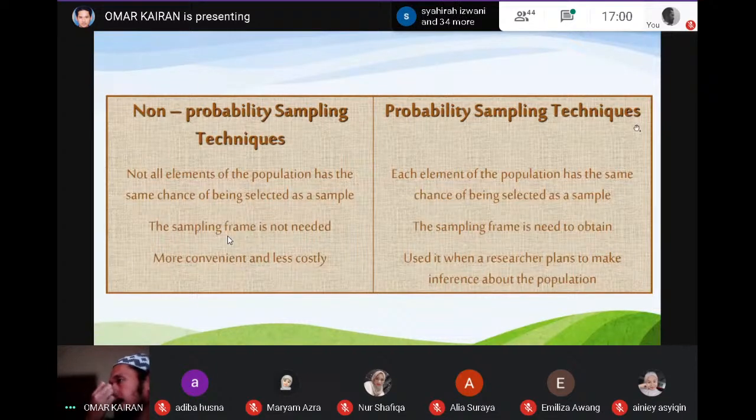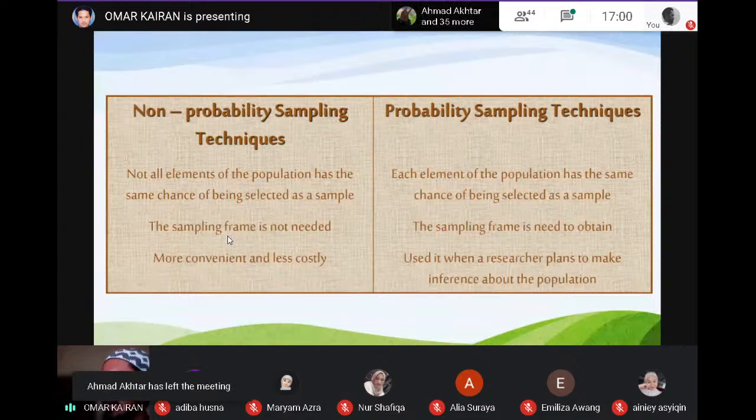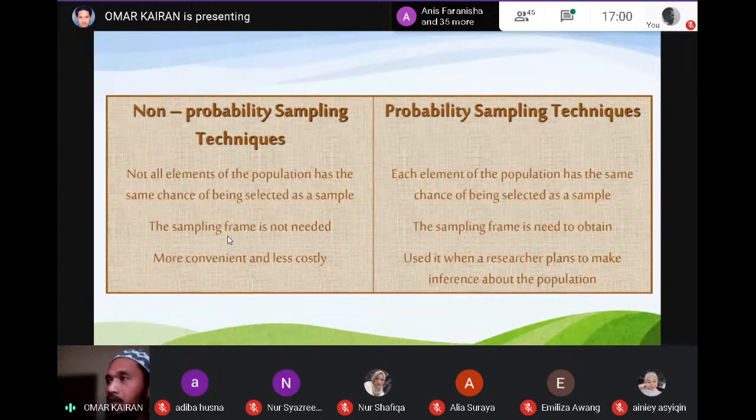Unlike probability sampling, with non-probability sampling we cannot generalize to the population. The purpose of taking a sample is that we want to generalize to the population. Generalize means that the findings, when we analyze the data from the sample, we can use to make decisions about the population. So that we can do in probability sampling technique only.